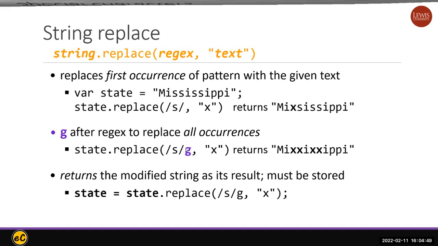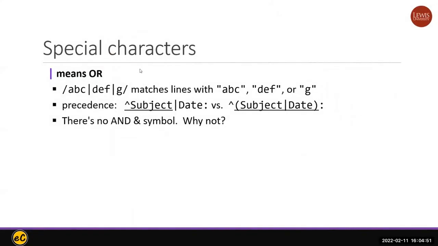Okay, next one, special characters. You have A, B, C or D, E, F or G. A, B, C is one string, D, E, F is another string. Here we have cat, a subject or date. There's no end sign.